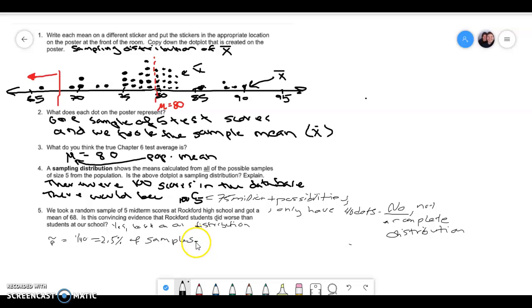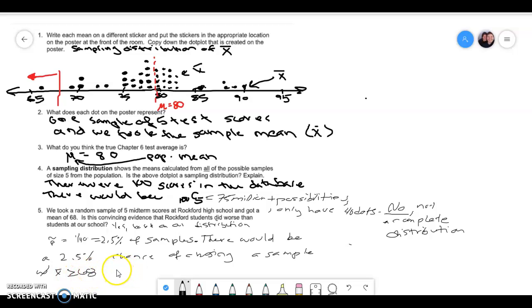So that suggests that if Rockford had the same population mean, there would be a 2.5% chance of choosing a sample with a mean less than or equal to 68.